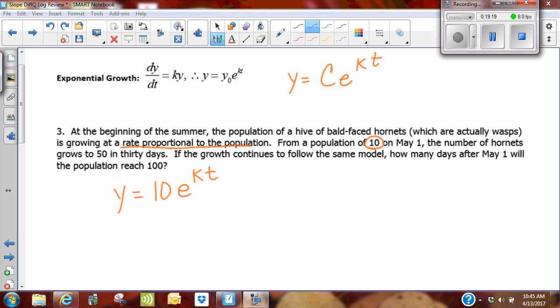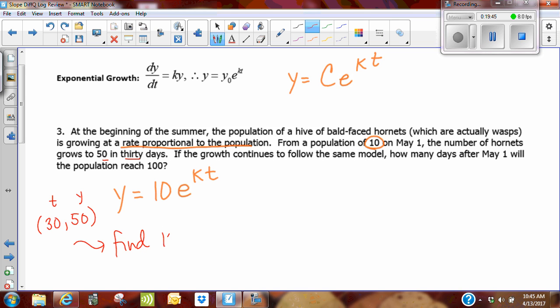You would need to get the k value to be able to work anything it tells you to do. So what do you use to find the k value? This 50 and this 30. There are 2 numbers, but which one is which? This is your t, and this is your 50, which is your y. Then you would need to find k to be able to finish the problem.